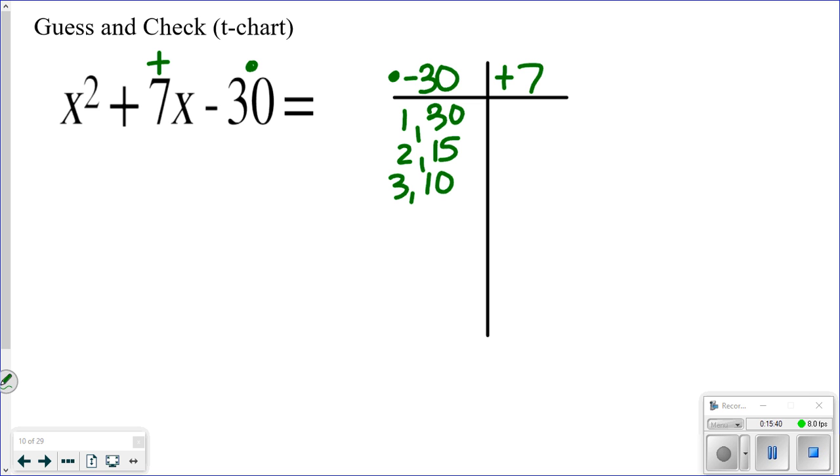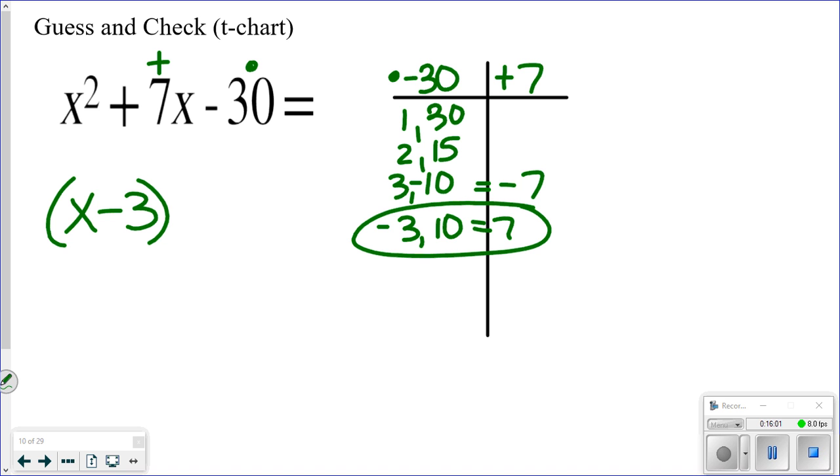Oh, it looks like it's going to be 3 and 10. Which one is going to be negative and which one's going to be positive? So if I do a negative 10, that gives me a negative 7, so that doesn't work. So let's do a negative 3, positive 10. That works.